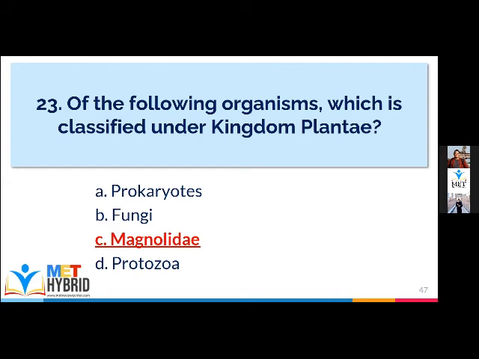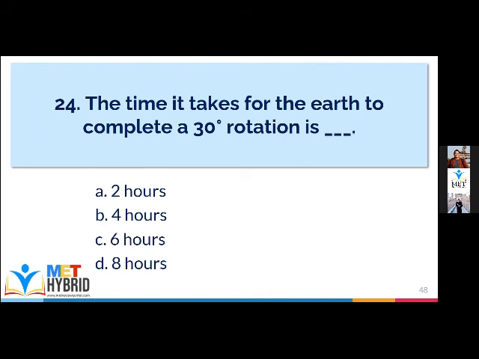Number 24, the time it takes for the Earth to complete a 30-degree rotation is blank. So A, 2 hours, B, 4 hours, C, 6 hours, D, 8 hours. What do you think is our answer? A, B, C, or D?